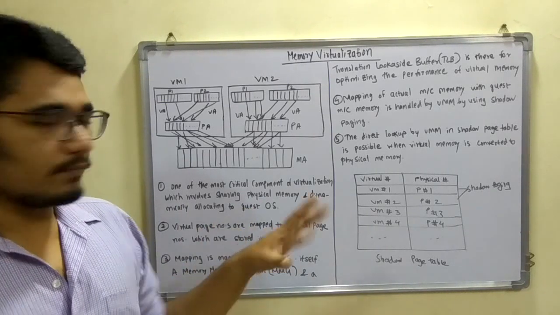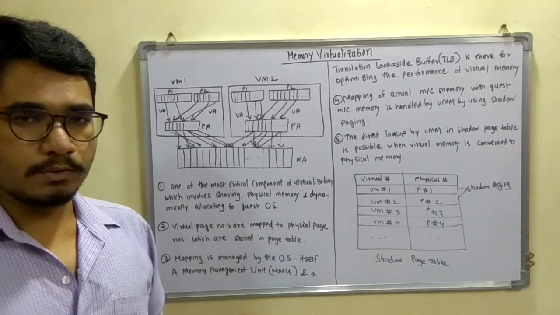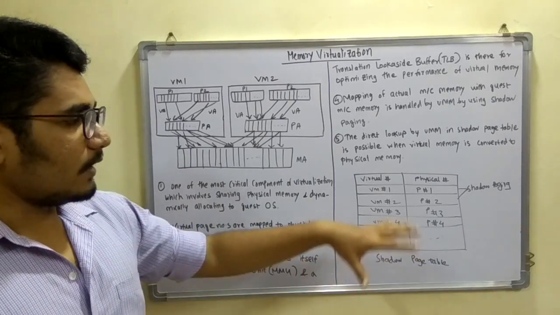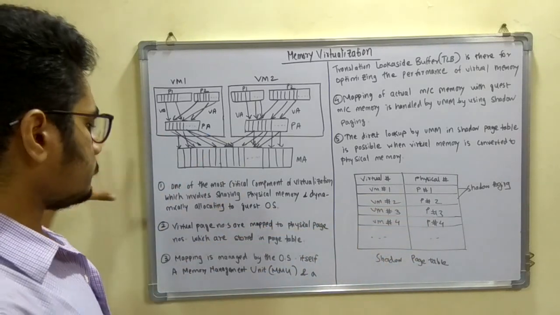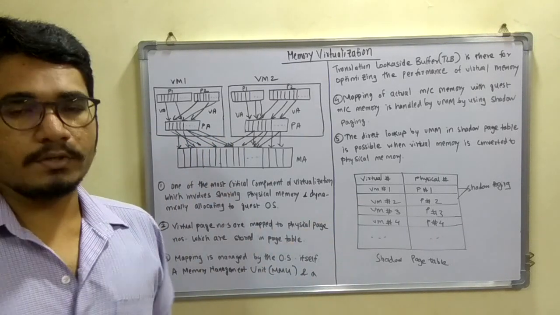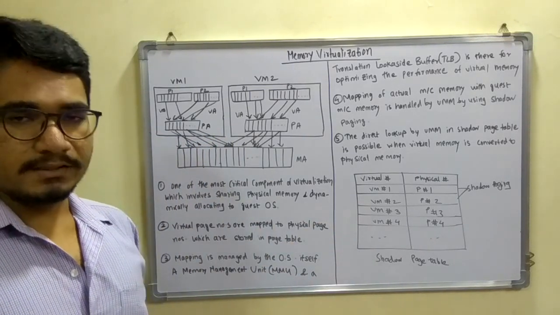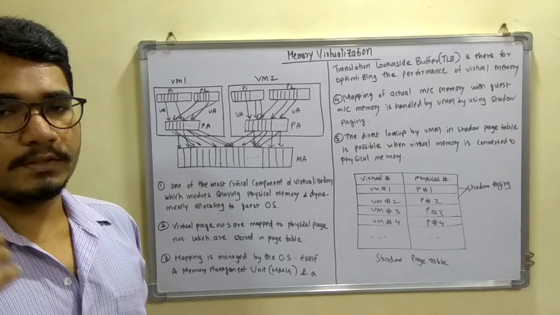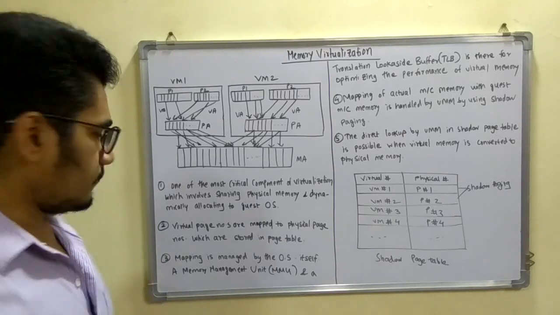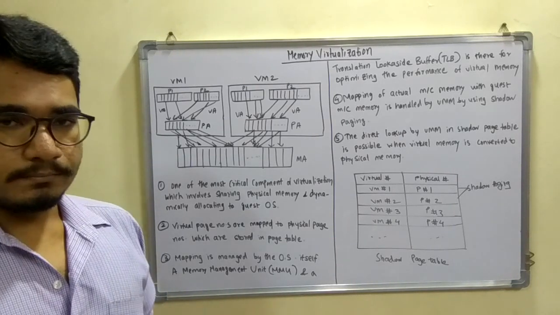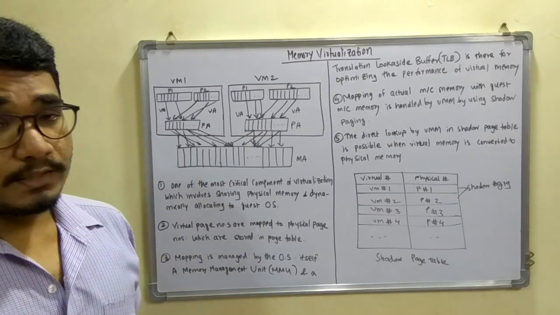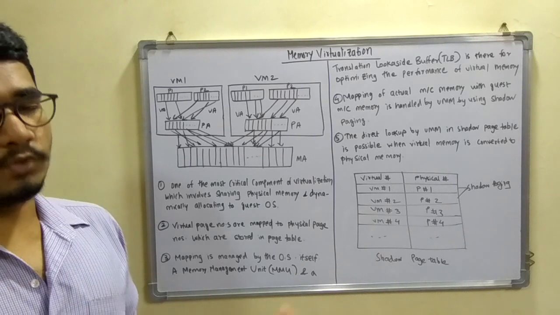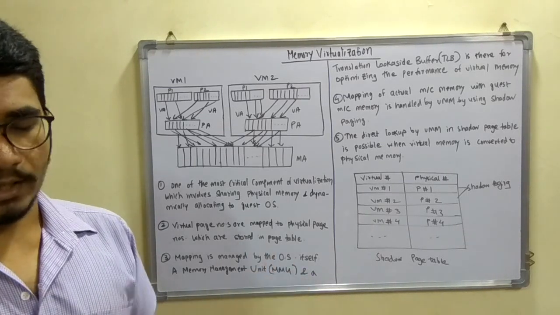In this video, I'll not give a complete overview, but explain how this mapping takes place inside the page table. You just have to remember that the page table is used for mapping from the virtual page number to the physical page number. This mapping is internally managed by the OS itself, that is the operating system on which it is running.